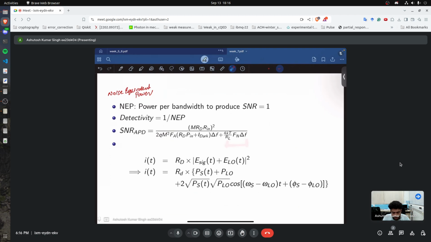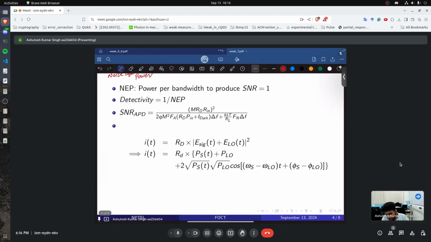It's not that if it were present in both cases, like if this also had an M factor, then M squared factor, both of them would have gotten cancelled. But an APD is highly reverse biased, which increases the shot noise, but it does not increase the thermal noise in our case.